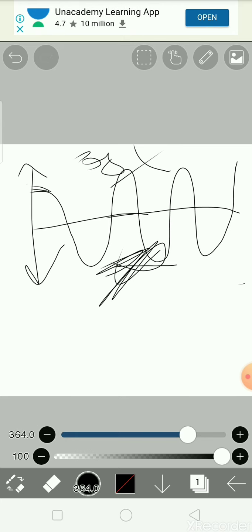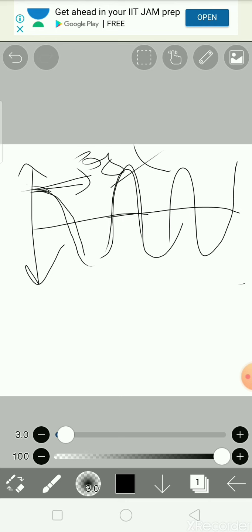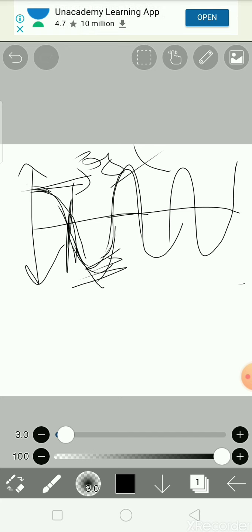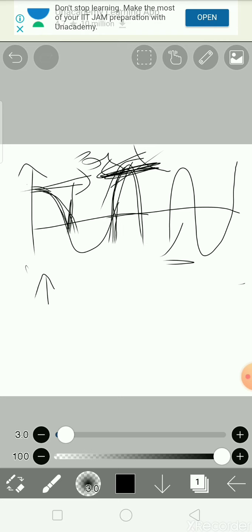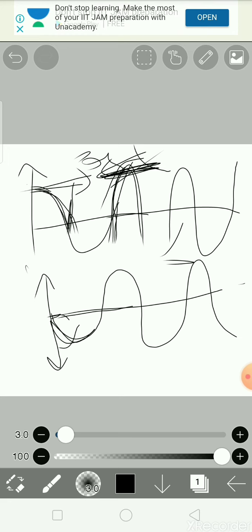If we take the slope of this at each particular point, here it's 0, it's again decreasing, it's highest here, then decreasing, then at this point it's again 0, then it increases, here it's again 0. So if we draw this, the slope would start from 0, decrease, then increase, decrease, increase.